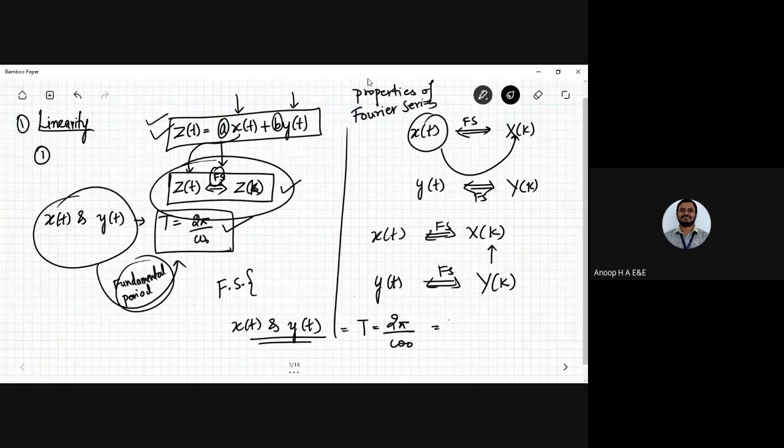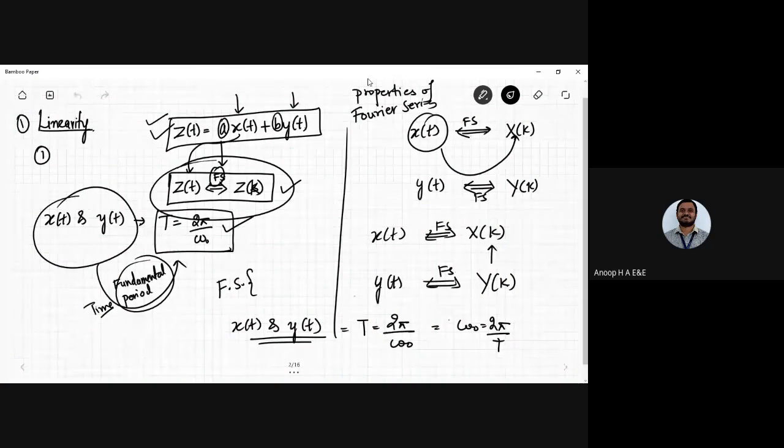So I can write omega naught, the angular fundamental frequency, as 2 pi divided by T, and the fundamental time period of both x of t and y of t is assumed to be the same. That is what you need to remember while doing this Fourier series.